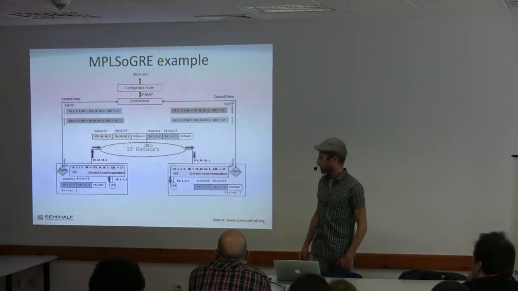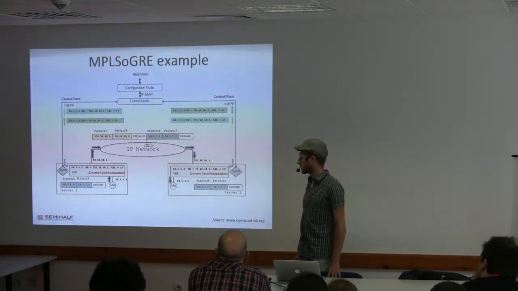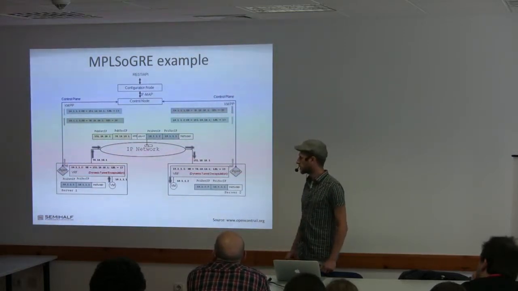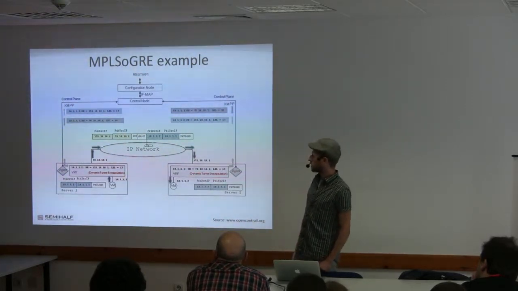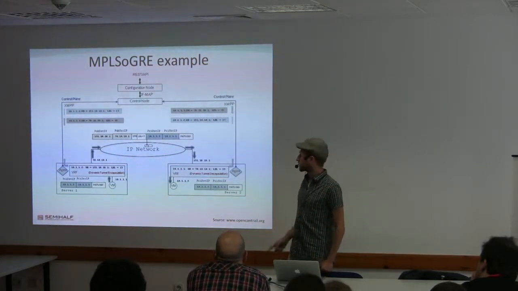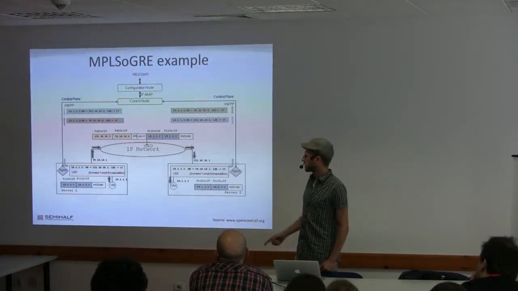And how it all works: when a VM is spawned on server 1 here on the left, it informs the controller that the VM with IP address 10.1.1.1 exists, and it sets up the next hop for this VM with the physical address of the server.